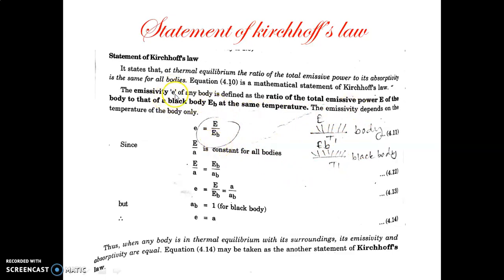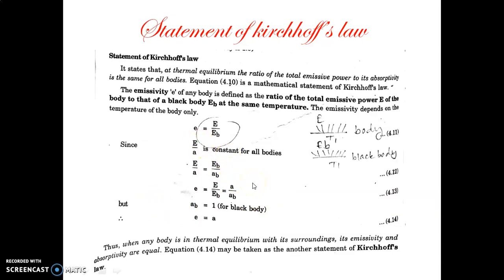So small e and capital E are different: capital E is called the total emissive power and small e is called the emissivity. At the same temperature, if you measure the emissive power of these two bodies and take the ratio, we get the emissivity. That means we get some value like 0.8, 0.9. We can find this emissivity by experimental method, and for different materials the emissivity is different.